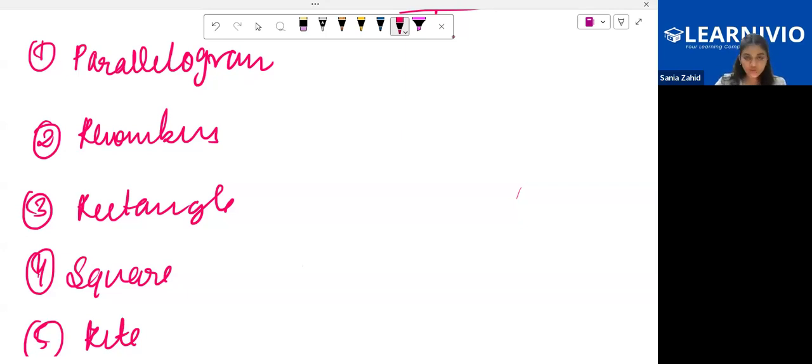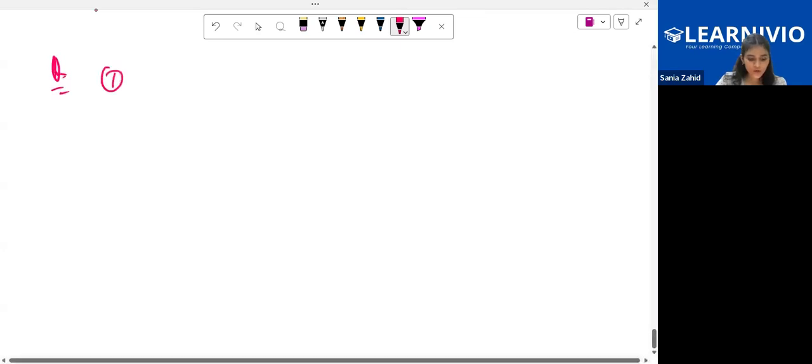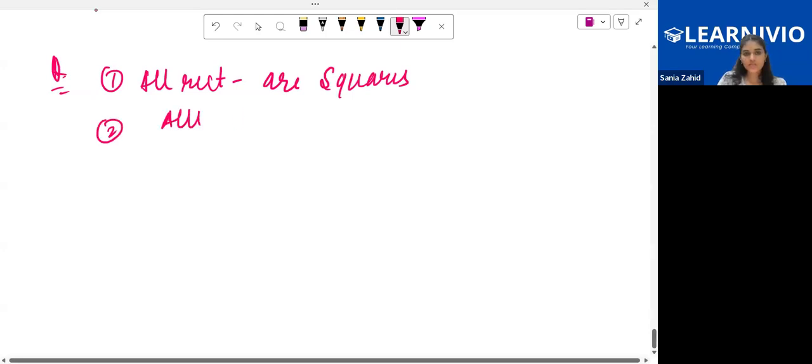Okay, so we have first true and false. For true and false, the first question is, all rectangles are squares. Second is, all rhombuses are parallelograms.